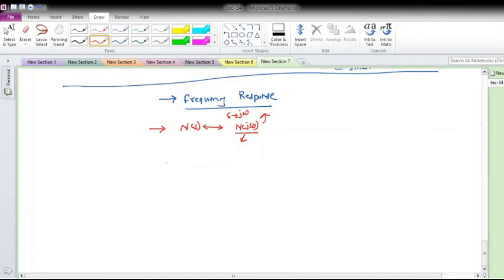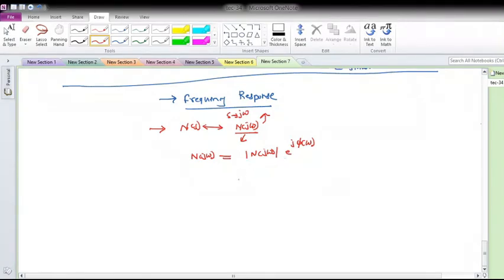Now I am writing it in the j omega domain. N of s becomes N of j omega, and I should have two terms: the magnitude response or amplitude response, and the phase response, e raised to j phi of omega. We can also divide it into two components: the real part of N of j omega plus the imaginary part of N of j omega.